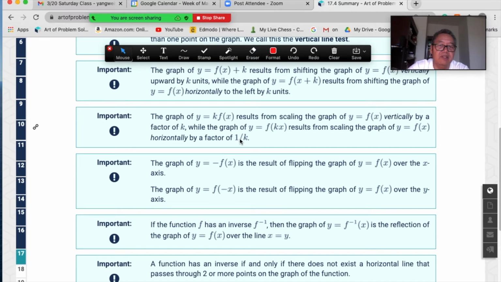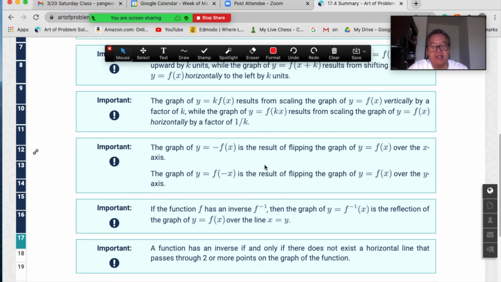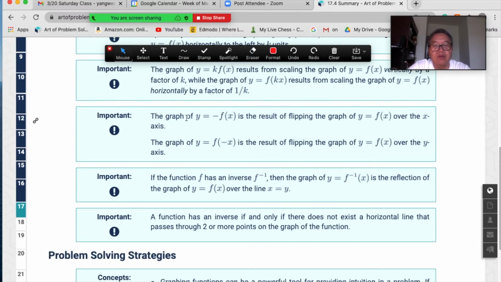Okay, so if this one is greater than 0, that means horizontally it would switch. Okay, now let's say the graph of y equals negative f(x).